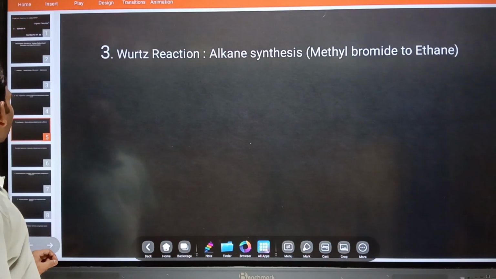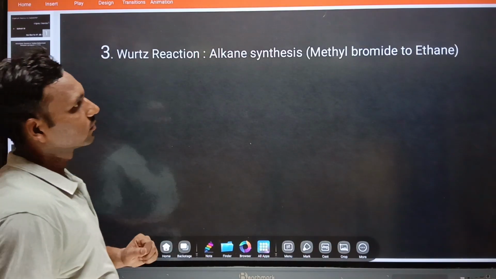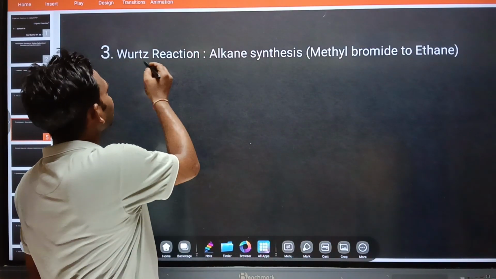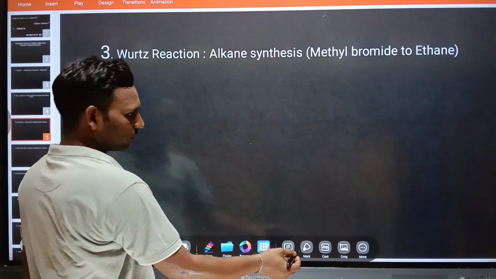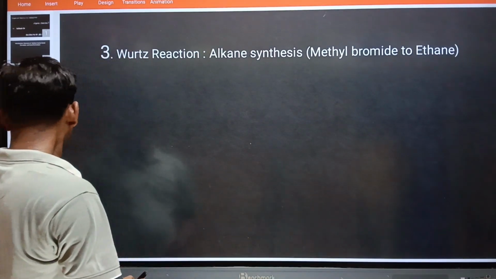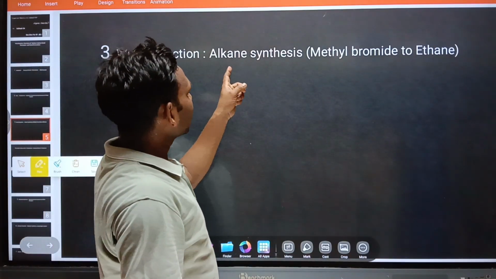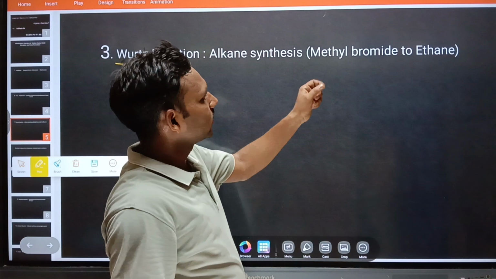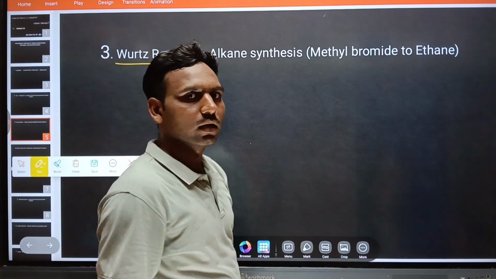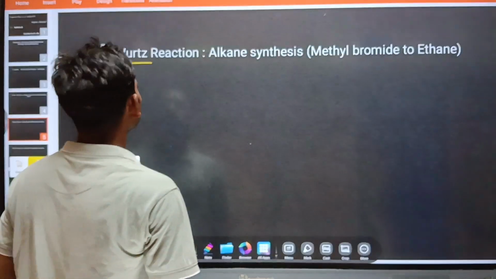Next is the Wurtz reaction. The Wurtz reaction involves only the alkyl group: alkane synthesis, such as methyl bromide to ethane.